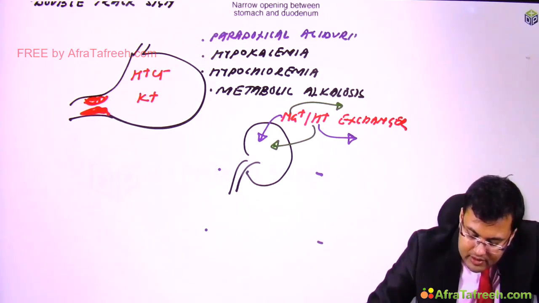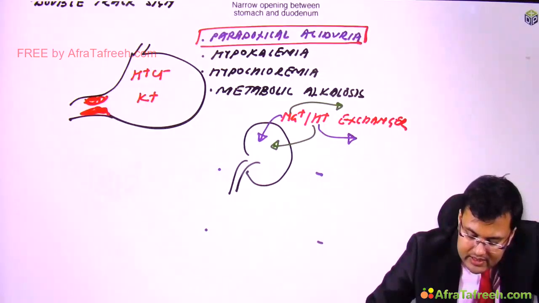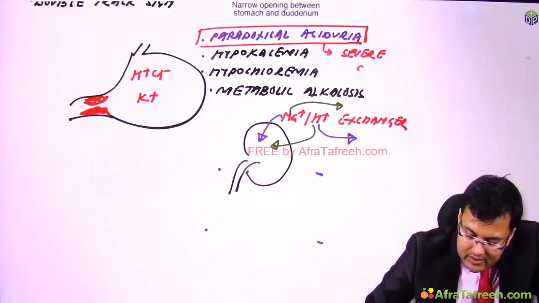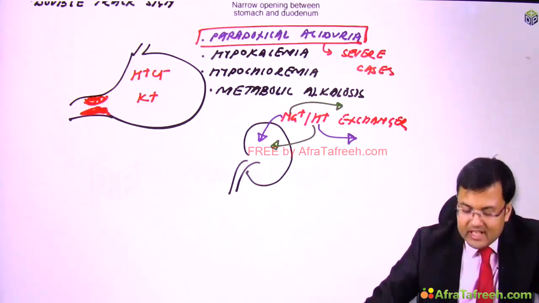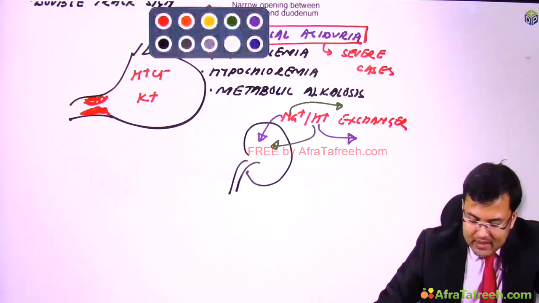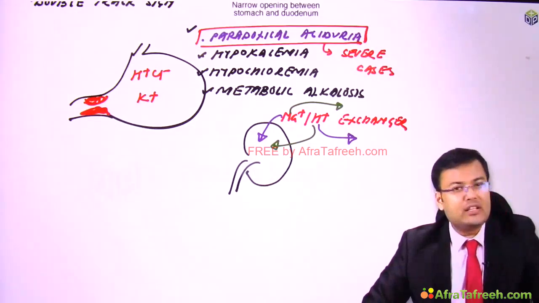But be careful, it doesn't occur in all cases. It occurs only in severe cases. So the question is asked, what's the characteristic dyselectrolytemia? It is hypokalemia, hypochloremia, metabolic alkalosis with paradoxical aciduria.